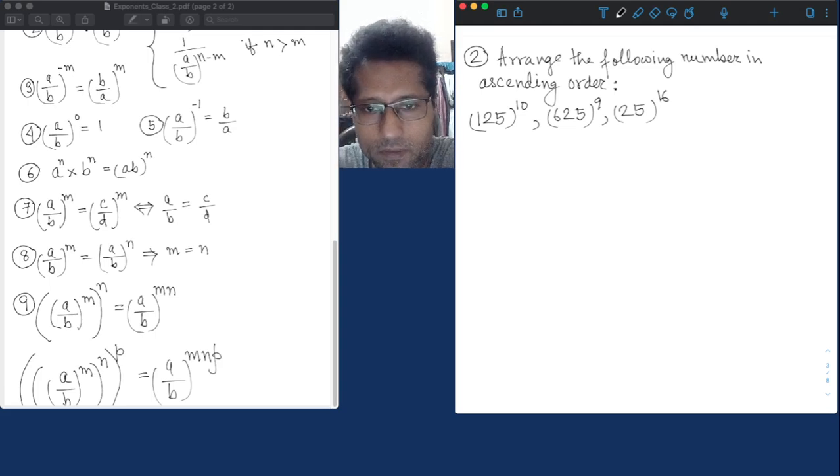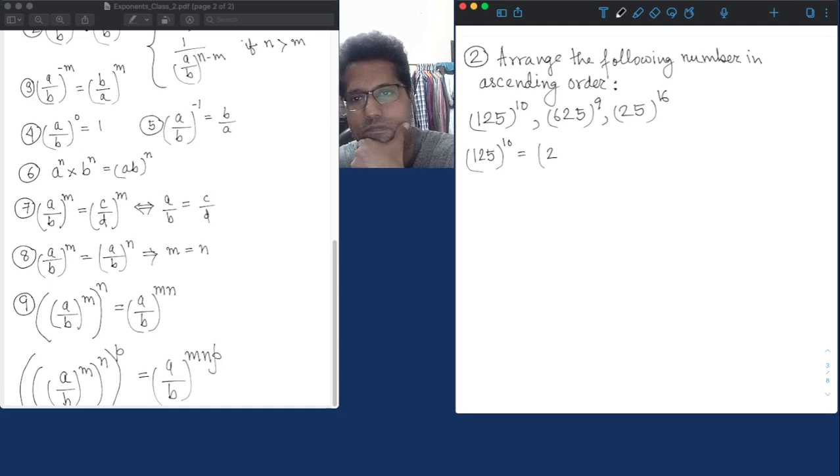So we know that 125 to the power 10 is equal to 125. We can write it as 25. No, I think it's better if we convert all these numbers into exponential form with base 5, since all the bases in these numbers, that is 125, 625 and 25, can be expressed as a power of 5.